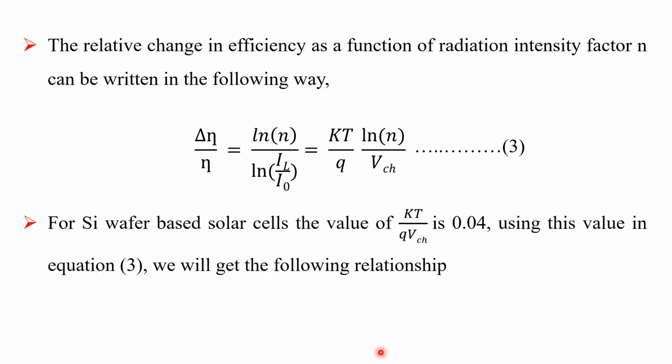For silicon vapor phase solar cells, the value of kT upon qV_OC is 0.04. Using this value in equation 3, we get del eta upon eta in percent is equal to 4 ln n. That is equation number 4.